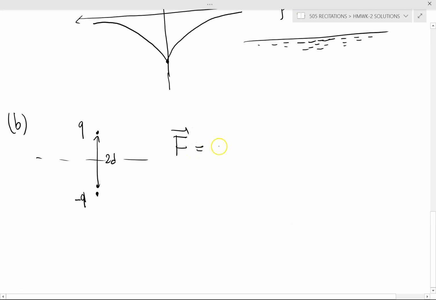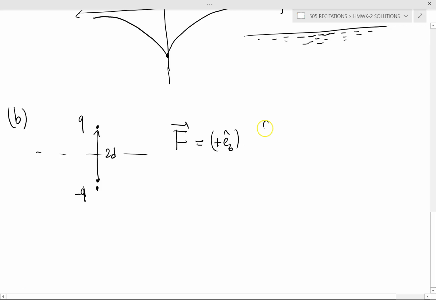This is again in the plus ez direction, Q squared divided by 4πε0 (2d) squared, right? That's the solution. It's a simple application of Coulomb's law.